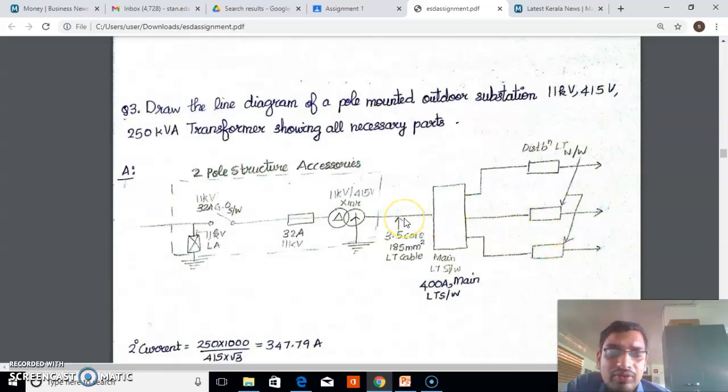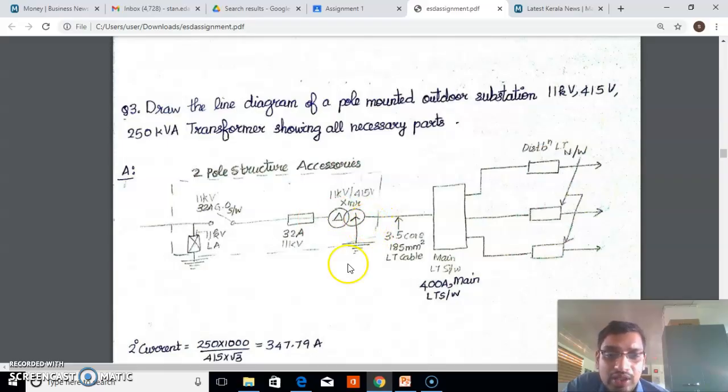Now we need to define the circuit breaker, fuse, and the cable size, everything. Before defining the system, we should calculate the rated primary and secondary current of the transformer. First we calculate the secondary side.